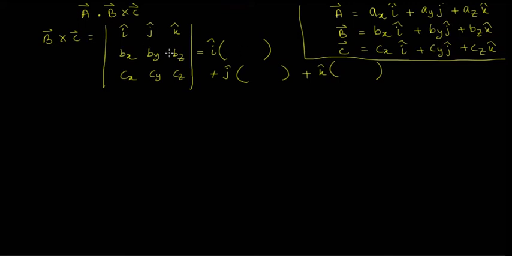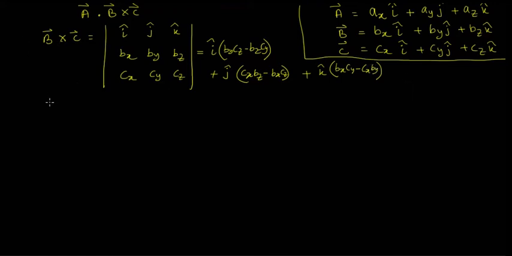Let me write this something. This is by cz minus bz cy for i. As far as j is concerned, since I have taken a plus sign, it should be cx bz minus bx cz. As far as k is concerned, this is bx cy minus cx by.